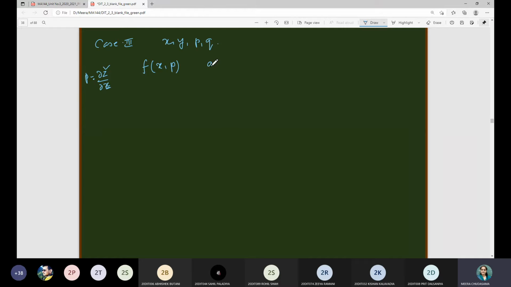Similarly, you are able to separate the variables y and q, right? Then you will get two corresponding expressions that are equal. Now, the left hand side is an expression in terms of x and p, the right hand side is in terms of y and q, and they are both equal.